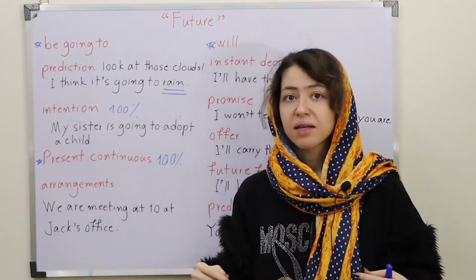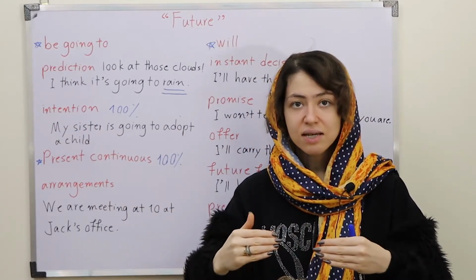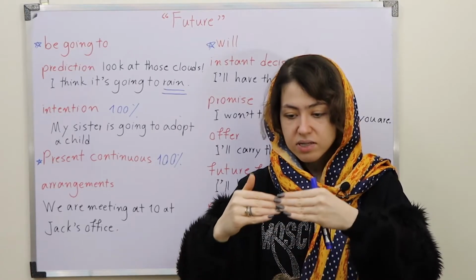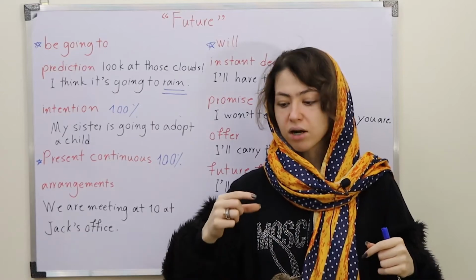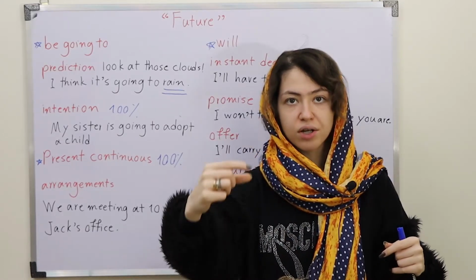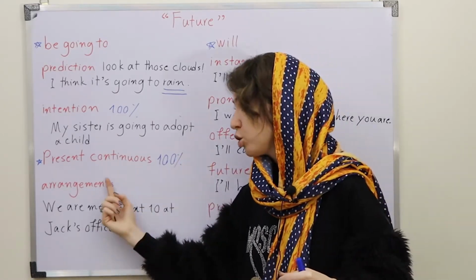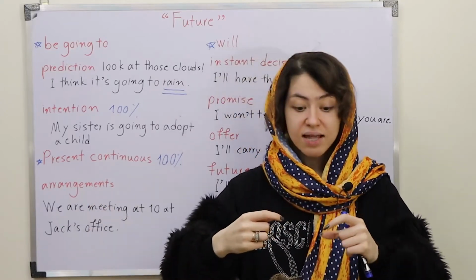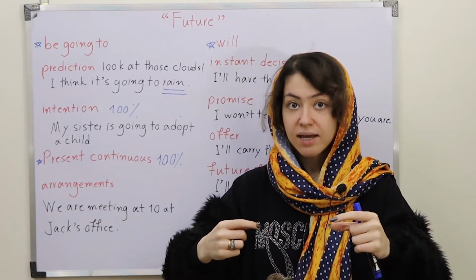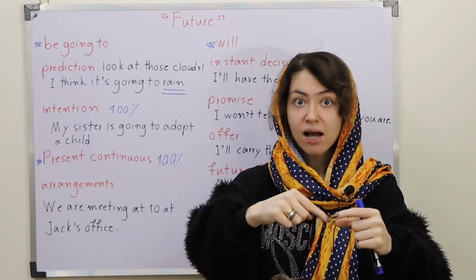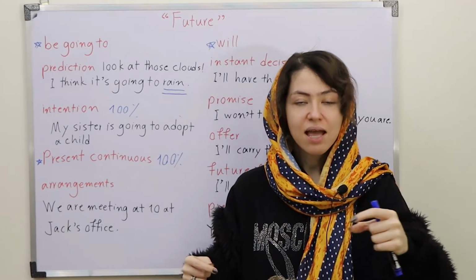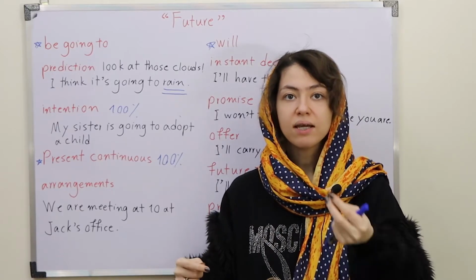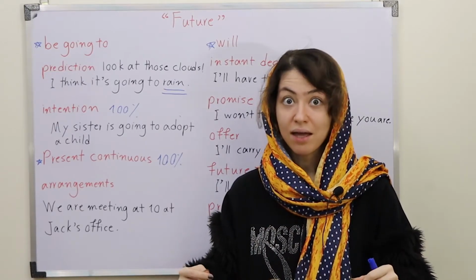Intention is something that needs to be done step by step in order to be fulfilled, okay? There are some steps that you're going to do, but arrangements are a set of steps that have already been done, and only the last step is left.